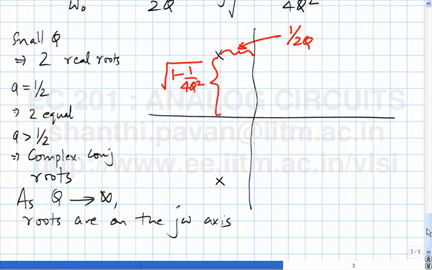What happens to the poles? The poles move closer and closer to the j omega axis. So if you whack the system, what will happen to the output? How will the system respond?